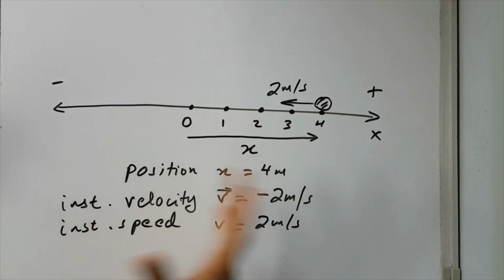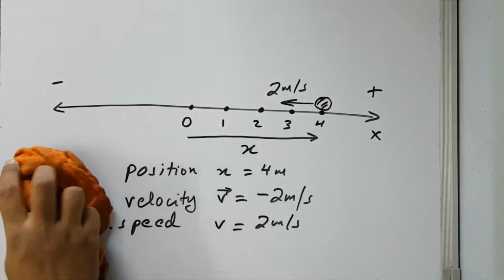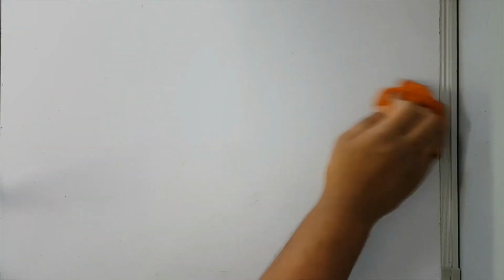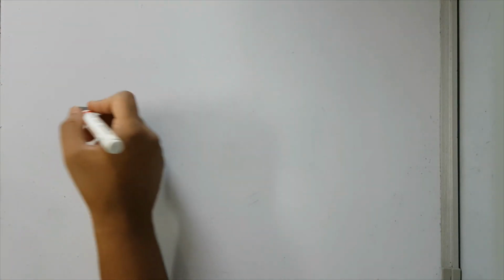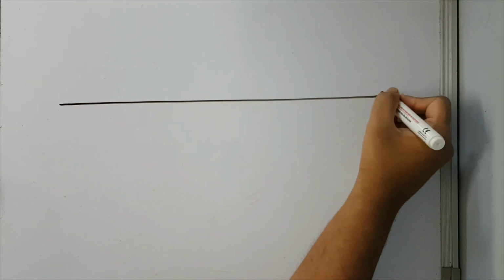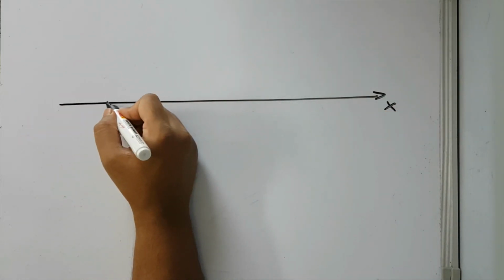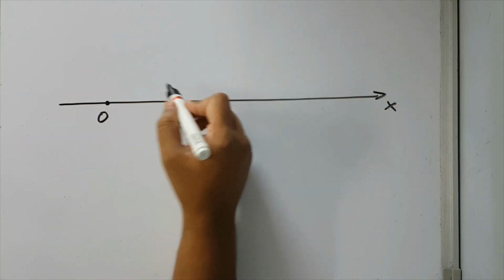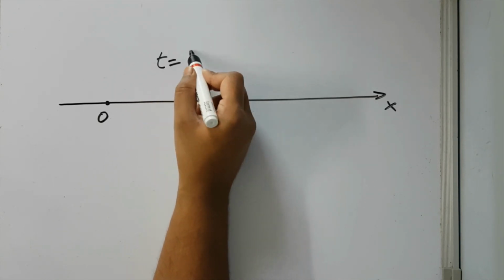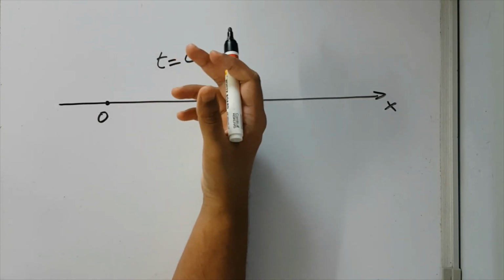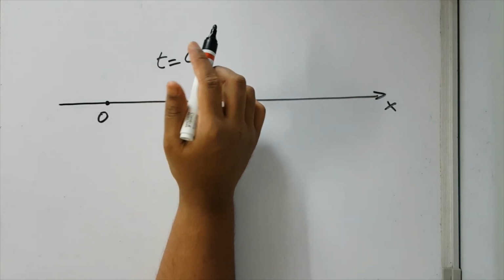Now, to generalize this, let's say the particle is moving on the x-axis, and this is the origin at time t is equal to 0. This is when you start your stopwatch to observe the motion of the particle.